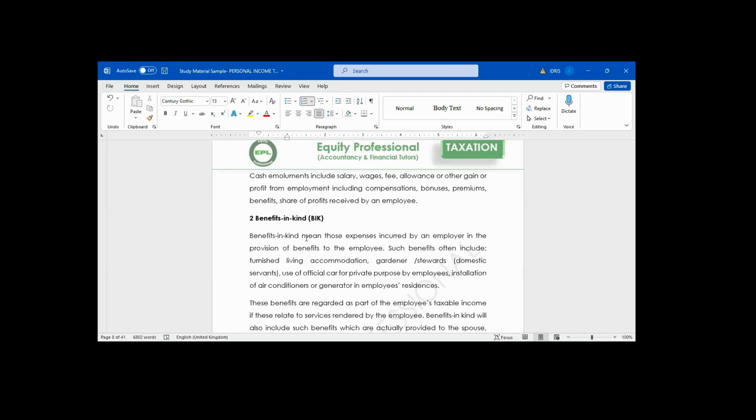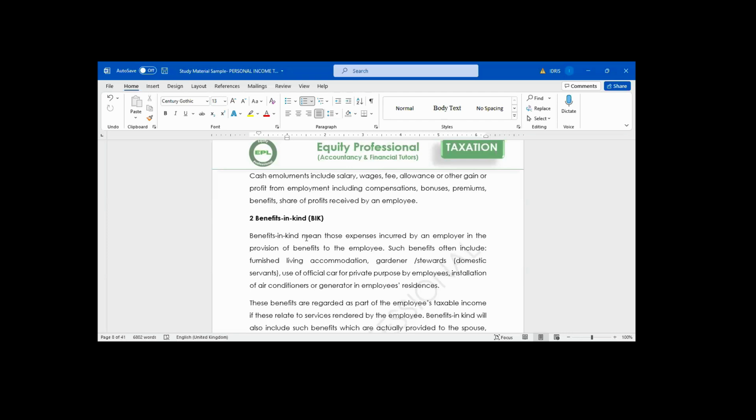Basic salary is cash, housing allowance is cash, transport allowance is cash, meal allowance is cash. But any non-cash expenses or benefit received by employee from the employer, non-monetary, is called benefit in kind.